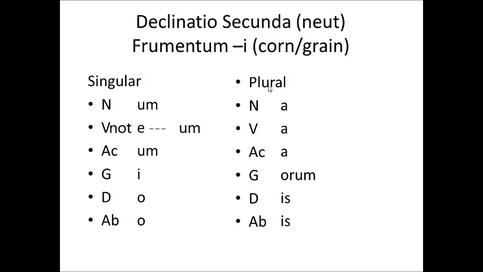Your nominative plural for your neuter nouns are always going to end in A. That is a hard and fast rule. Your nominative and accusative plural and your vocative plural for neuter nouns are always going to end in A. Something else of note is that your nominative and accusative in every declension, if the word is neuter, will always be the same.